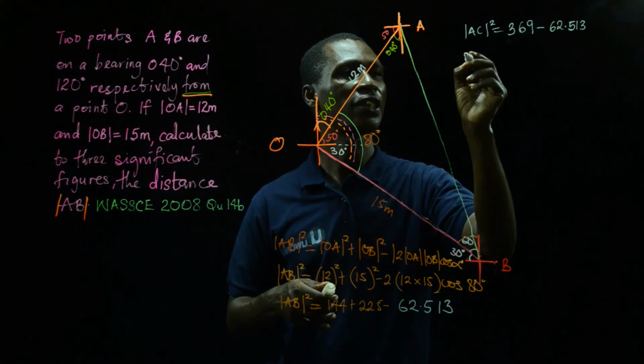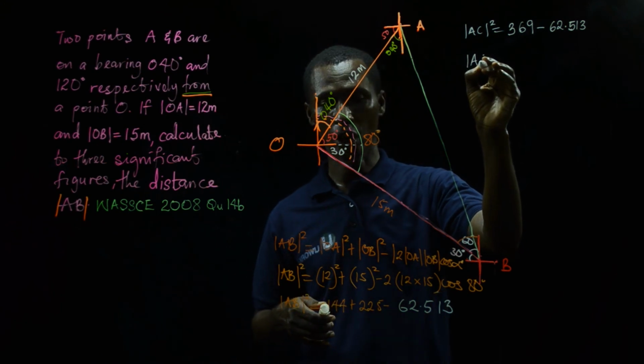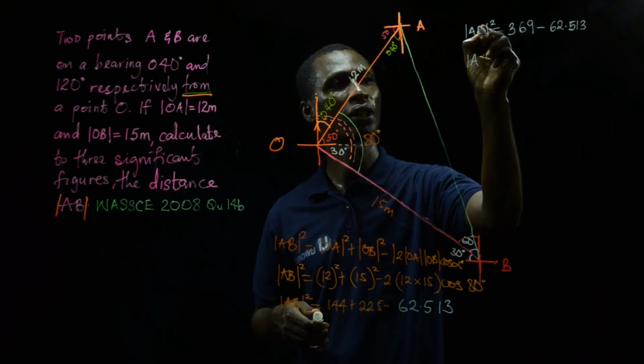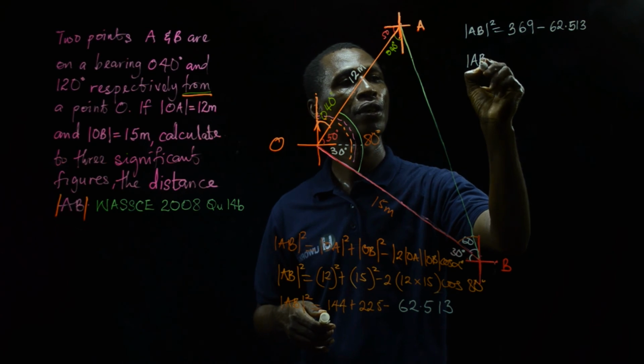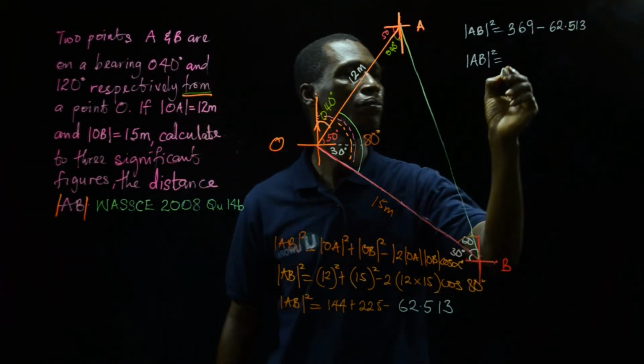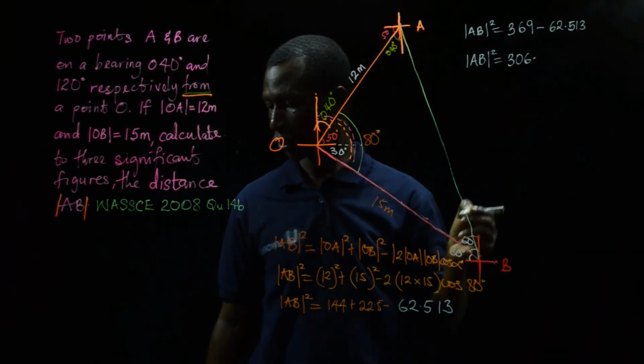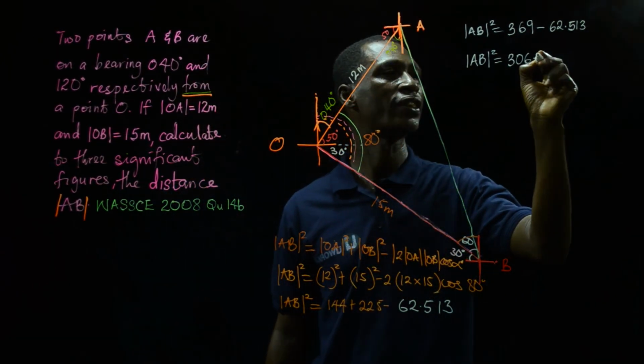So you have AB squared, thank you, AB squared to be equal to 306.487.